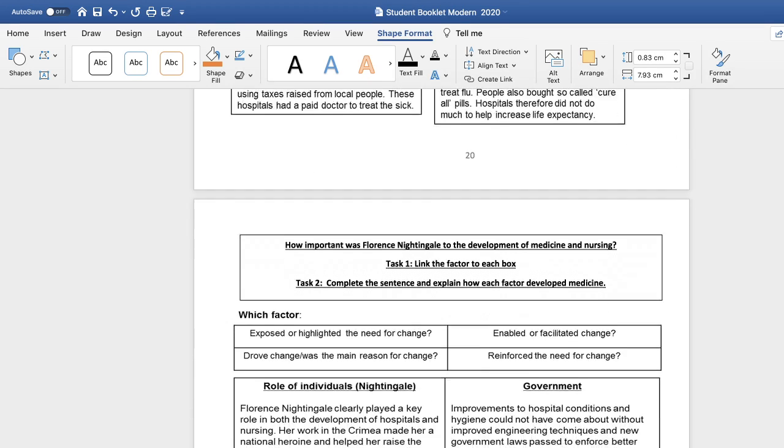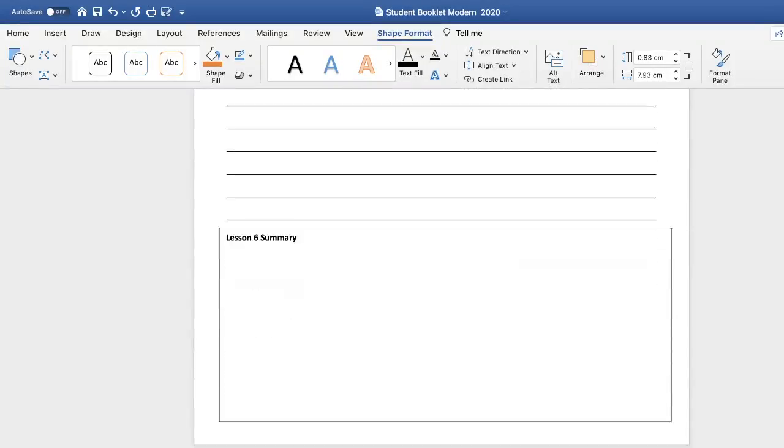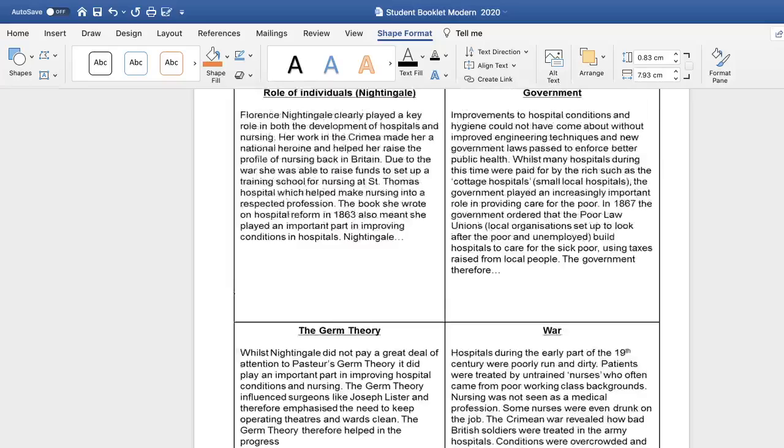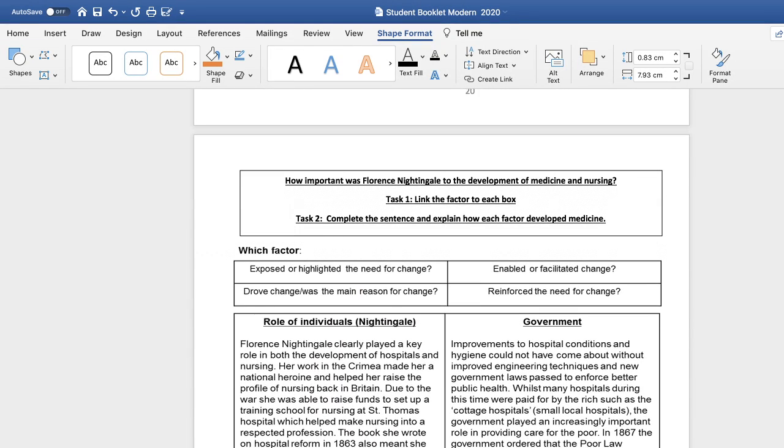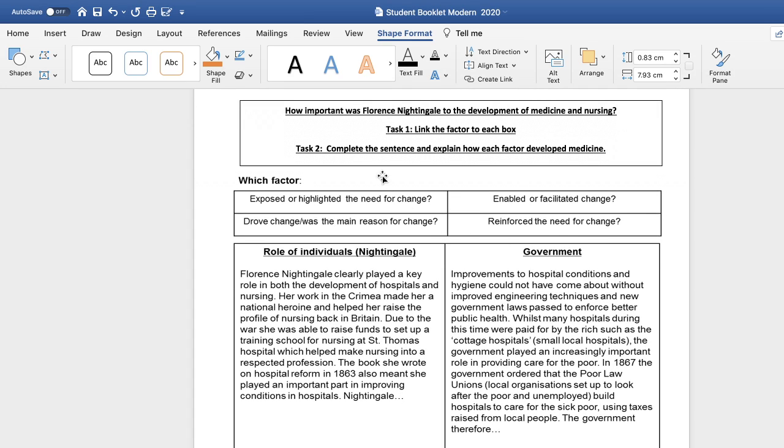When you finish that, it's quite a long lesson with Florence, but it is our last lesson of the industrial period. Once you finish that, I want you to think about how important Florence Nightingale's development of medicine and nursing was, and which factor did what.